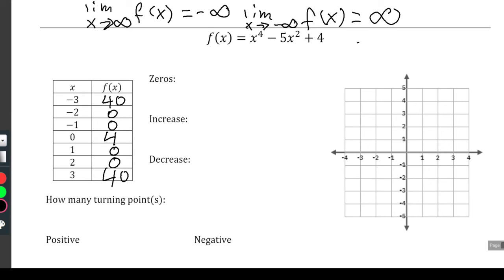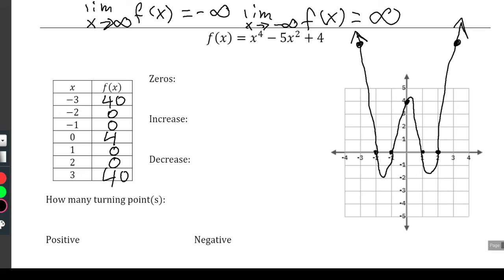We're going to just throw these points up really high for the -3 and 3. At 0 it equals 4. At -1 we're at 0, and at -2 we're at 0. But we saw that when we actually graph this, it drops a little below, then it goes up, comes back down, a little below, and comes back up.